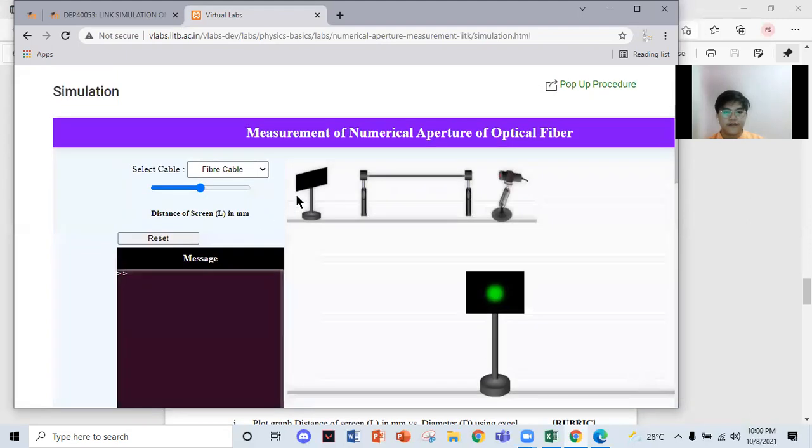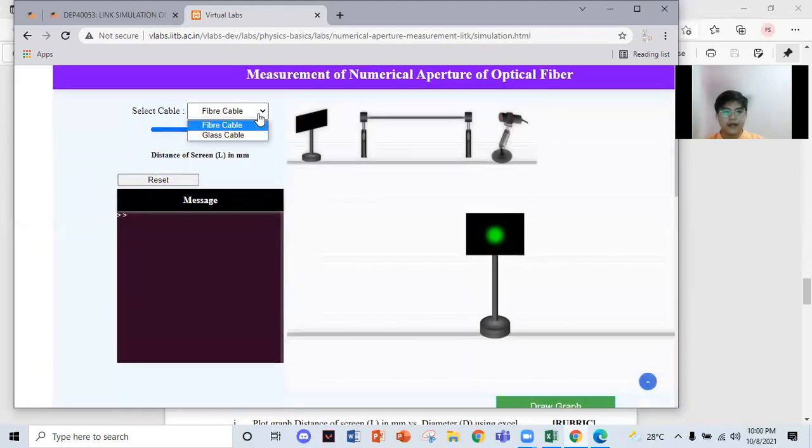Okay. First of all, here we will do the experiment for two cables. First is fiber cable, and second is glass cable. So we proceed with the fiber cable first.